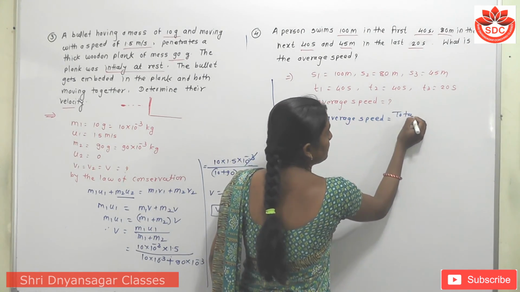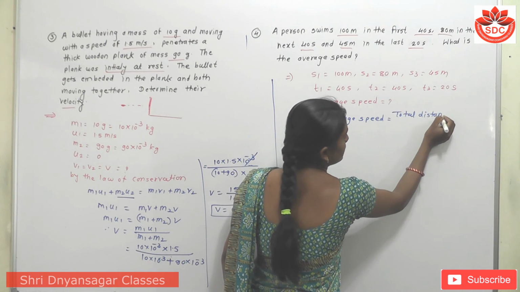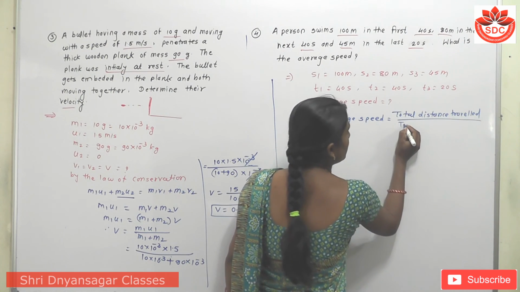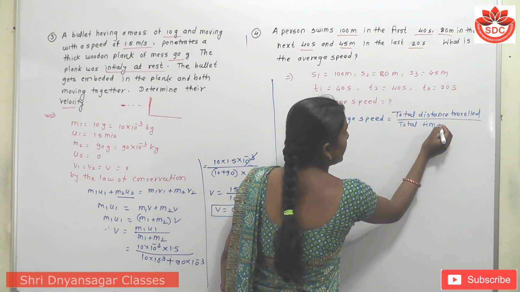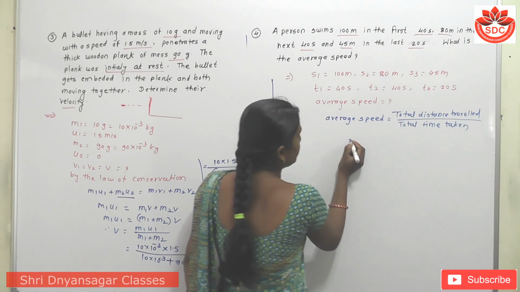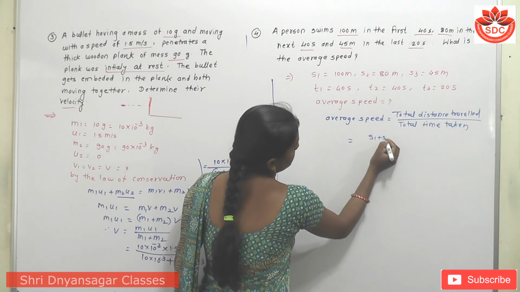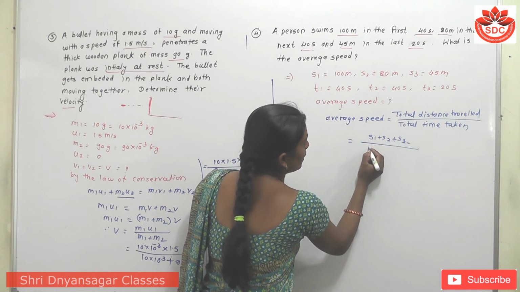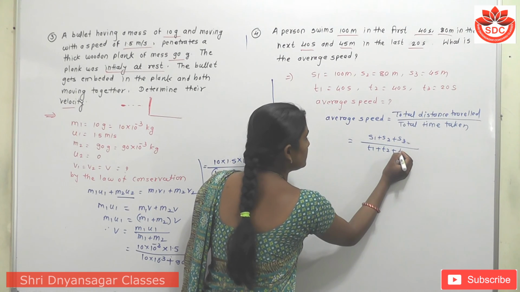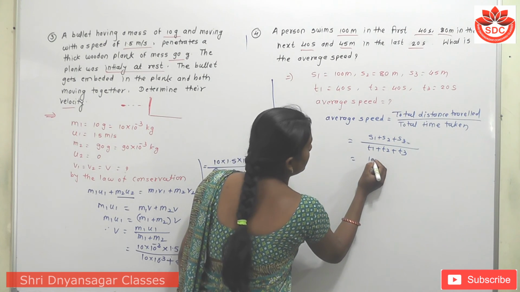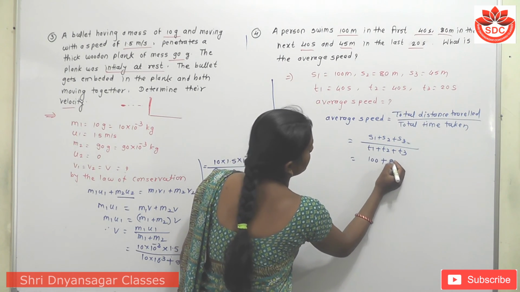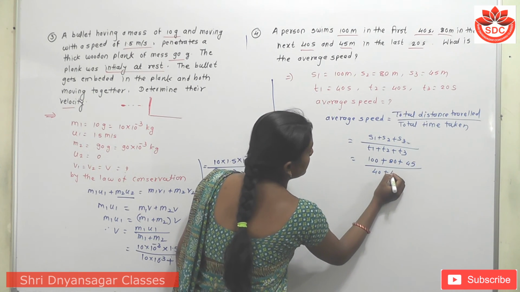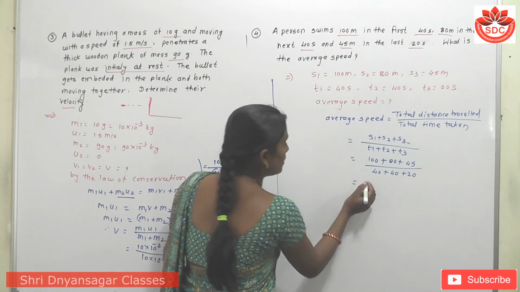So total distance travelled is S1 plus S2 plus S3, upon T1 plus T2 plus T3. So S1 is 100 plus S2 is 80 plus S3 is 45, upon 40 second plus 40 second plus 20 second.